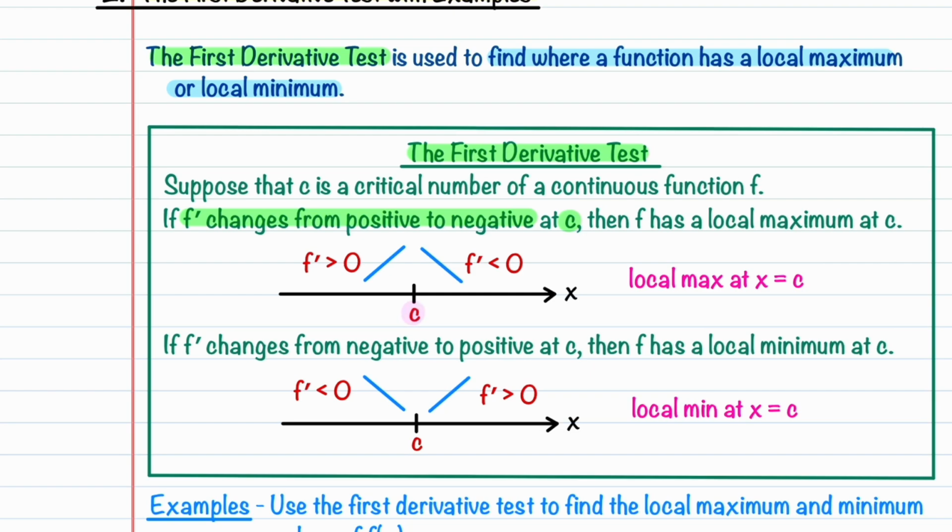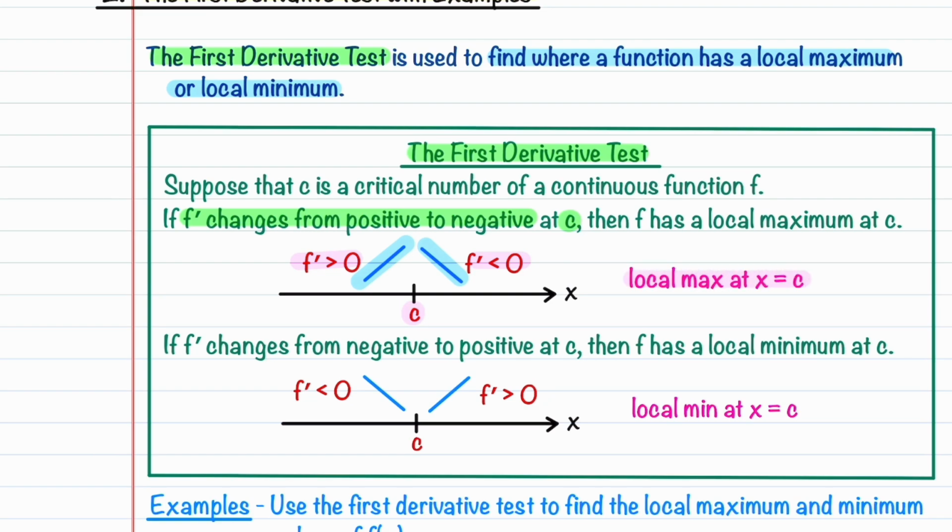We have a point c, and our derivative is positive and then negative, which means that our graph is increasing and then decreasing, and that means that we're going to have a local max at x is equal to c.